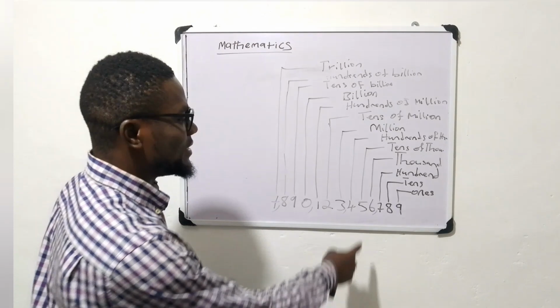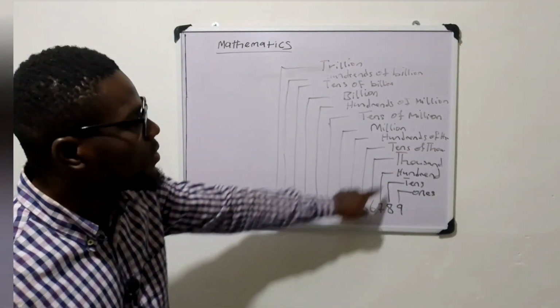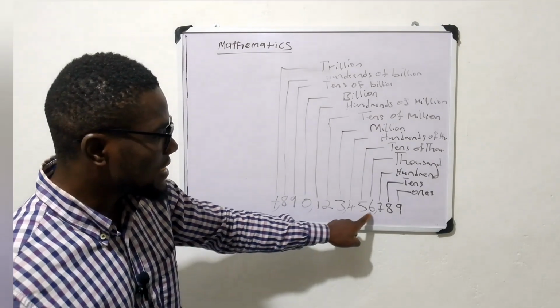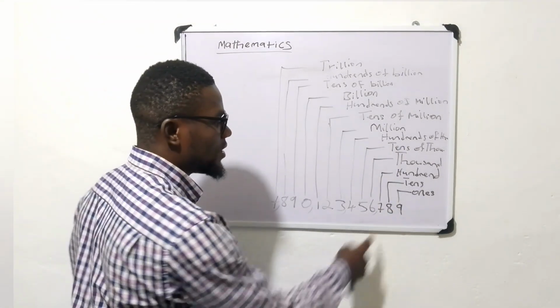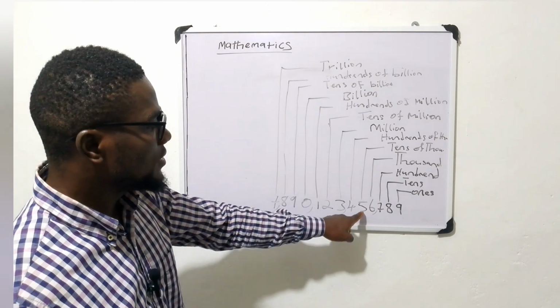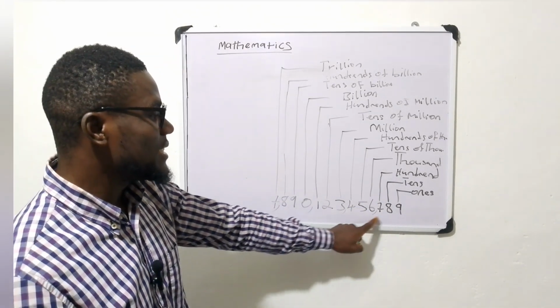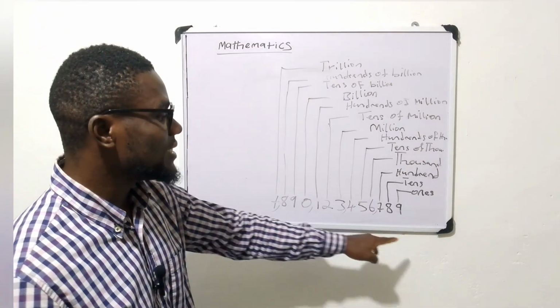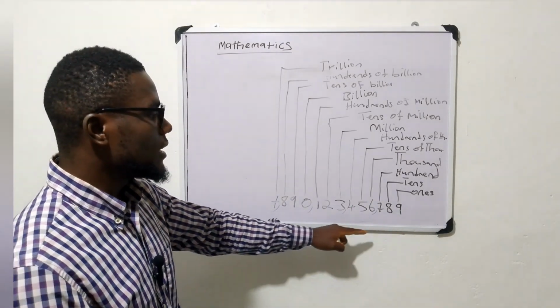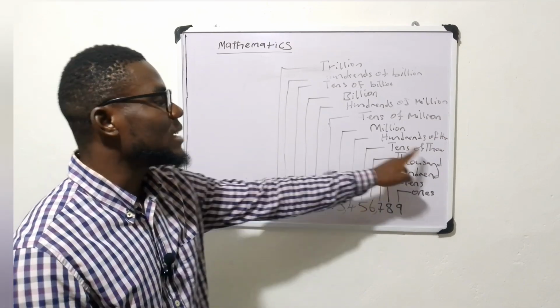You cannot have 20,000 here. But when you move to the tens of thousand, remember tens of ones, you now can have 20,000, 30,000, 40,000, 50,000. You can even have 99,000, but you will not have 100,000.